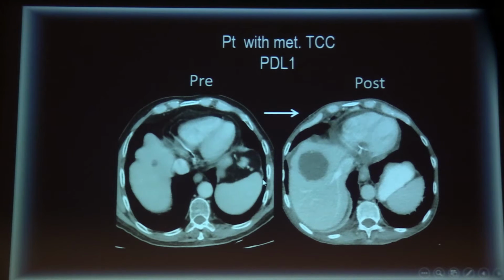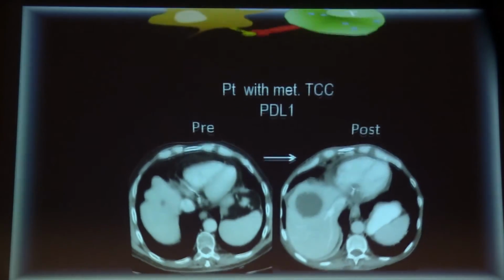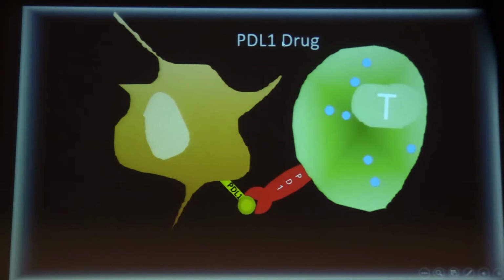Now, the role of immunotherapy is to stimulate the immune system against tumor cells. In this case, the drugs that are used target PD-L1. Tumor cells have a protein expressed on them which is called PD-L1, and this PD-L1 causes the immune system to think that these tumor cells are normal.